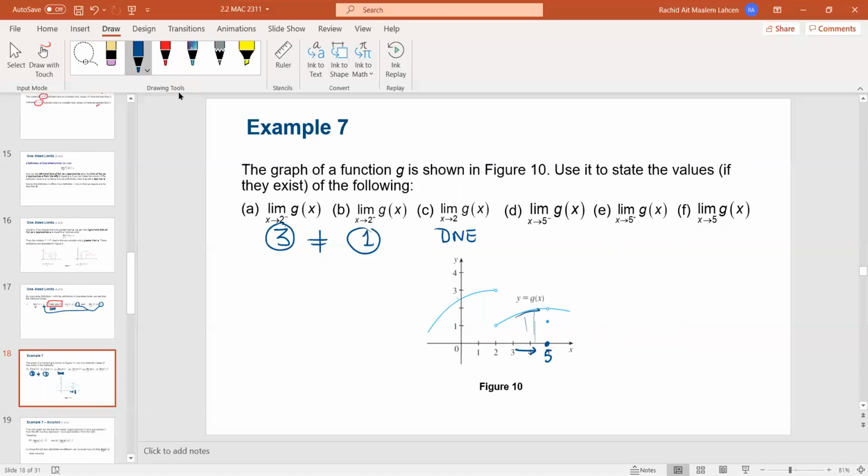So project, we're going toward 2. 5 plus, the right hand side, it's going this way. It looks like it's going to 2 as well. All right, so they're equal. It's equal to 2.